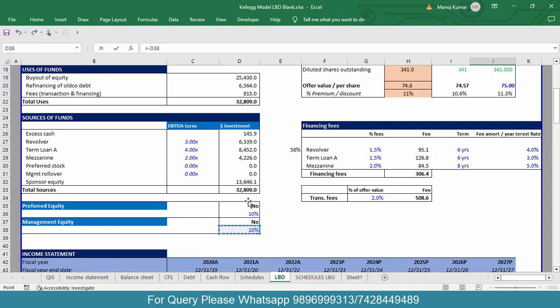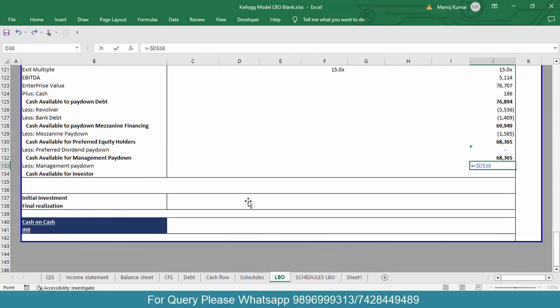This condition may be available or may not be available. Like in this case, we have not activated this assumption. We have not set this condition that we will be paying 10% to the management when we will sell this company. But this condition may be there in some situations, right? But in our model we have not taken it, but I will just show it.